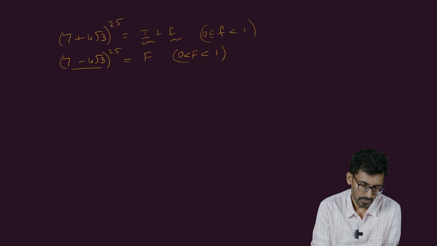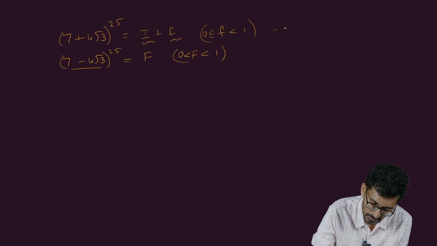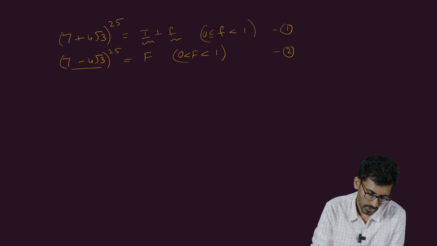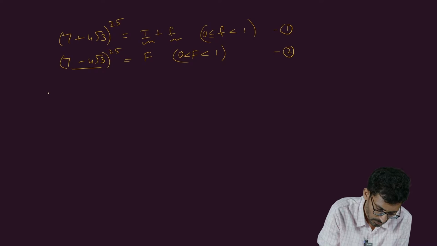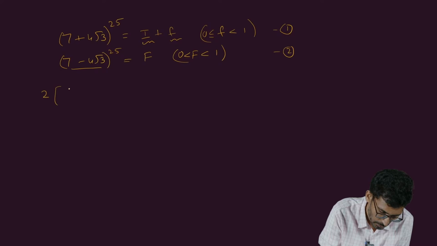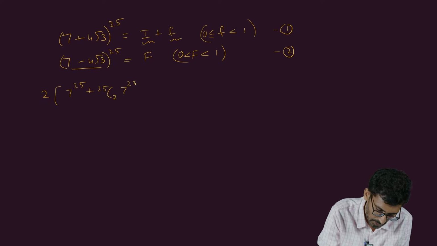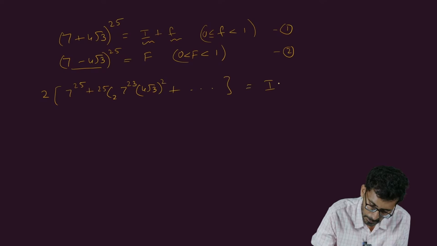So here we have two expressions, 1 and 2. I will add these two equations to get rid of the irrational terms. So when you add, you will get 2 into 7 power 25 plus 25c2 into 7 power 23 into 4 root 3 whole square, and so on. It is equal to I plus F plus f.